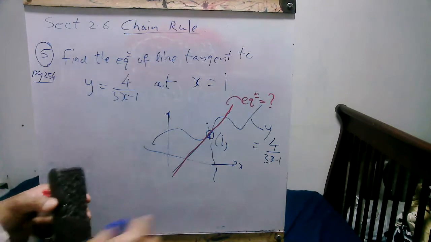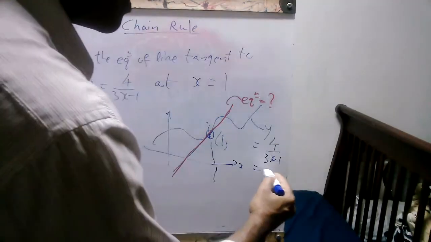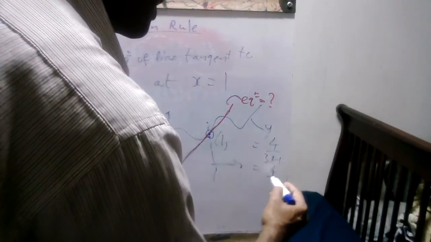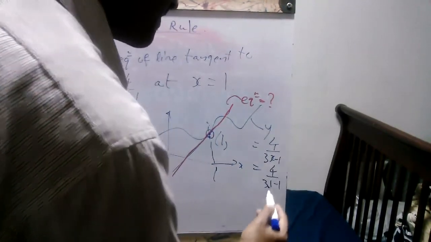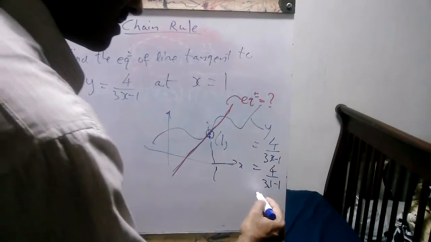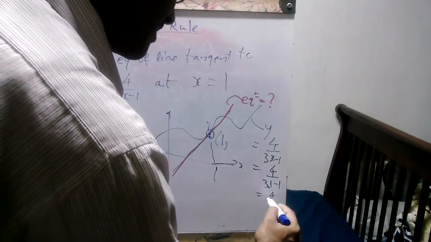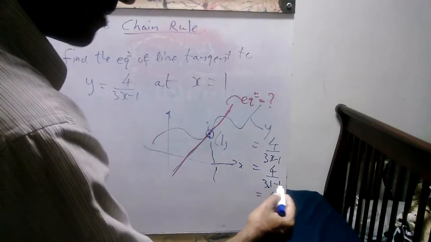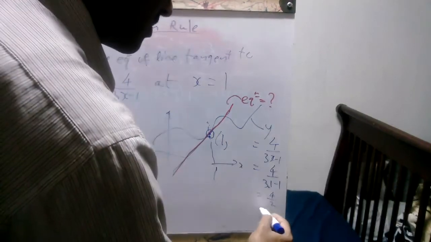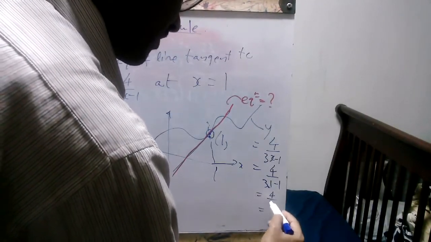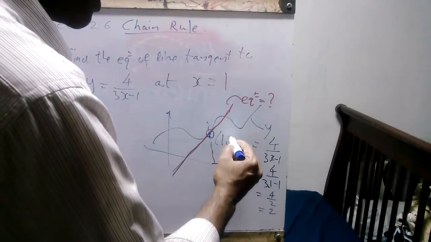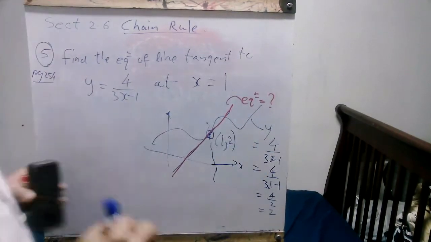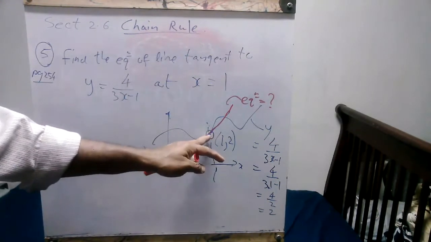If you substitute 1 here, we get 4 divided by 3 times 1 minus 1. 3 minus 1 is 2. Y coordinate is 4 divided by 2 is 2. I write 2 here.